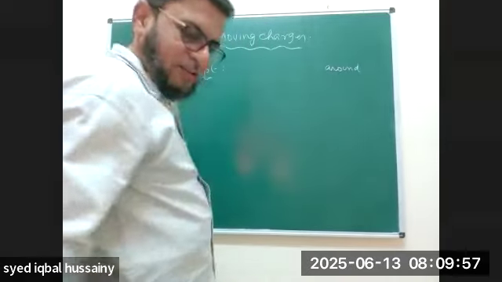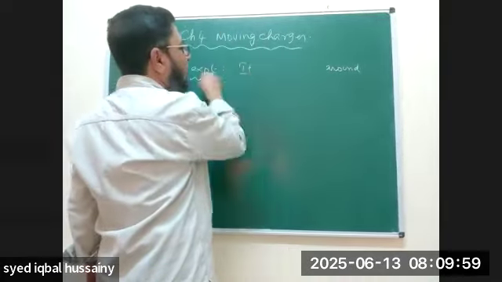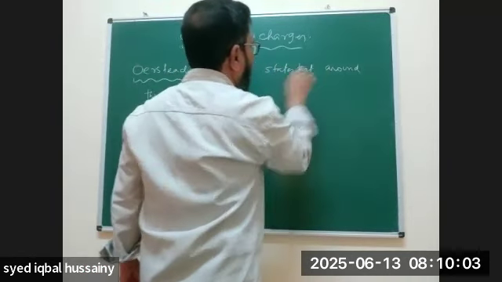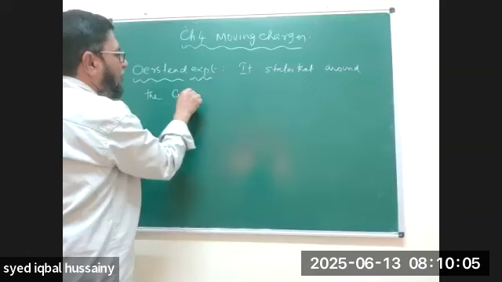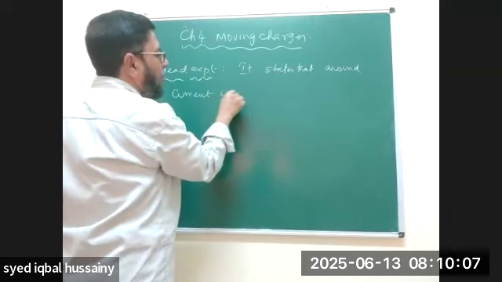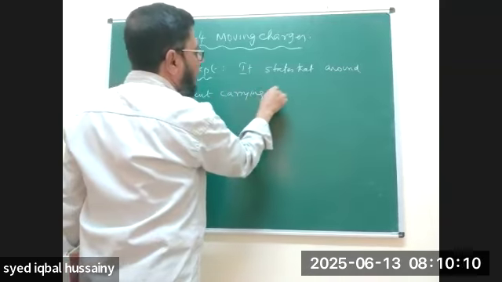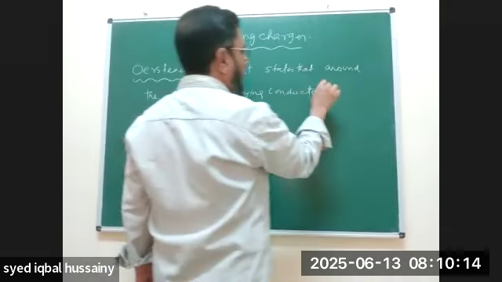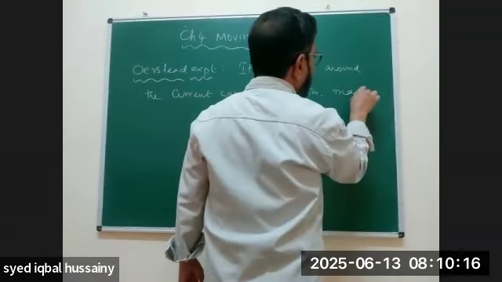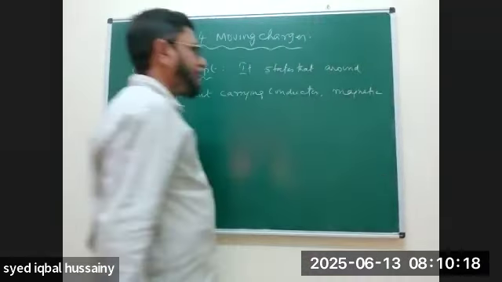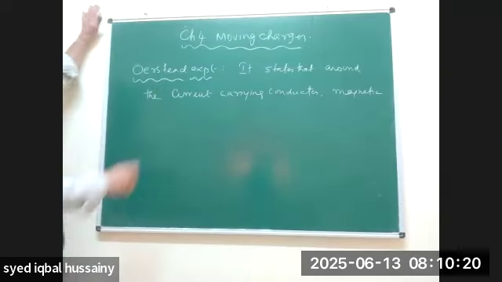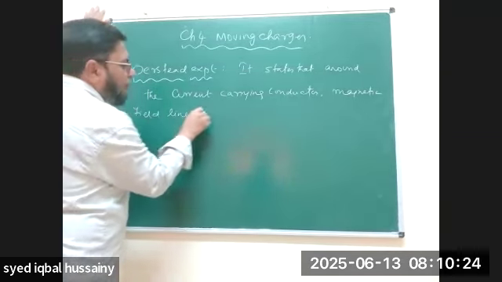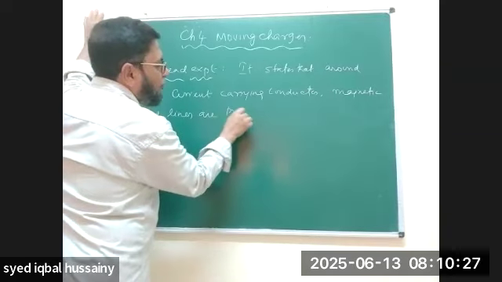It states that around the current, magnetic field is produced.